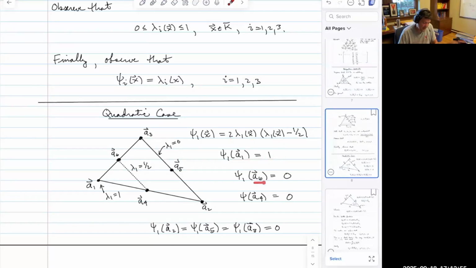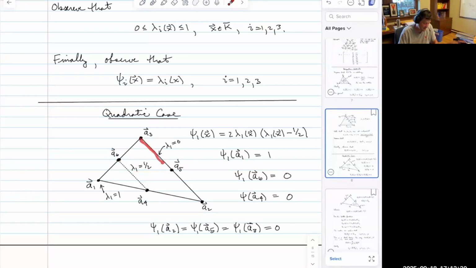If I put in a6, what do I know? Well, lambda 1 is equal to 0 along that line, okay? So if I put in a6, well, that's that guy there. Well, notice that it's on the line lambda 1 equals 1/2.